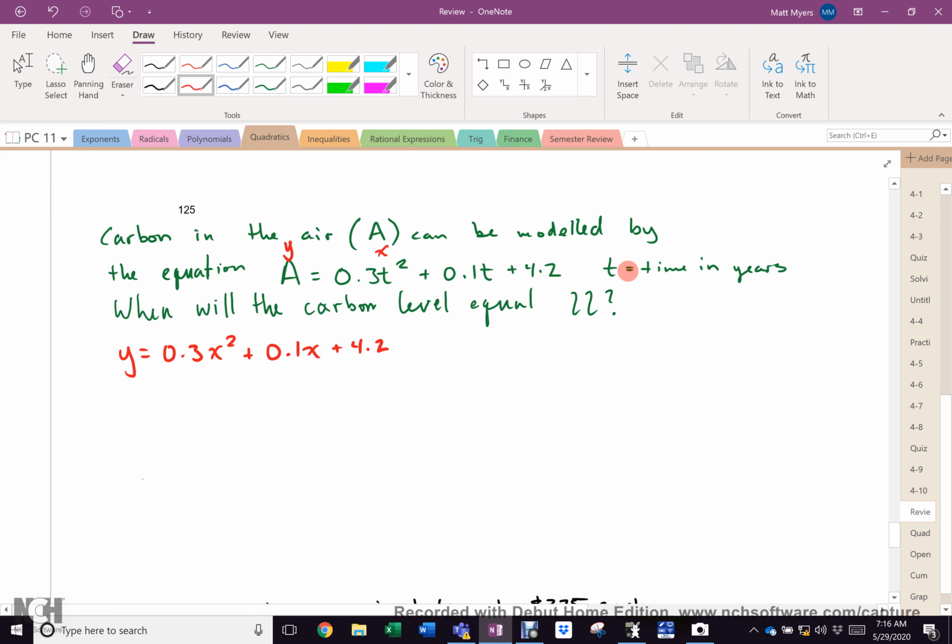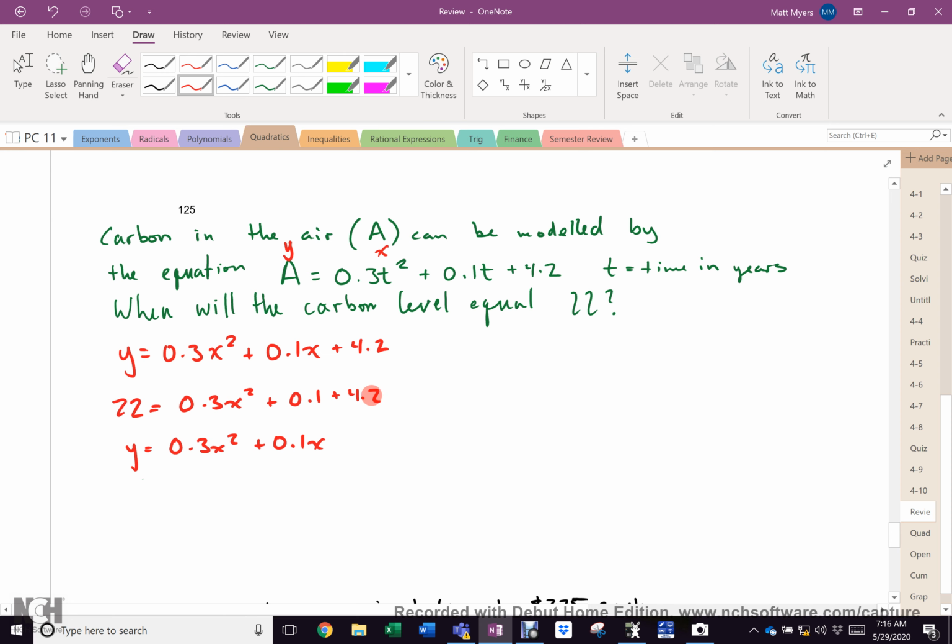And I want to know, when will the carbon level equal 22? Well, isn't the carbon level A? And isn't A y? So 22 equals 0.3x squared plus 0.1x plus 4.2. Get that over there.